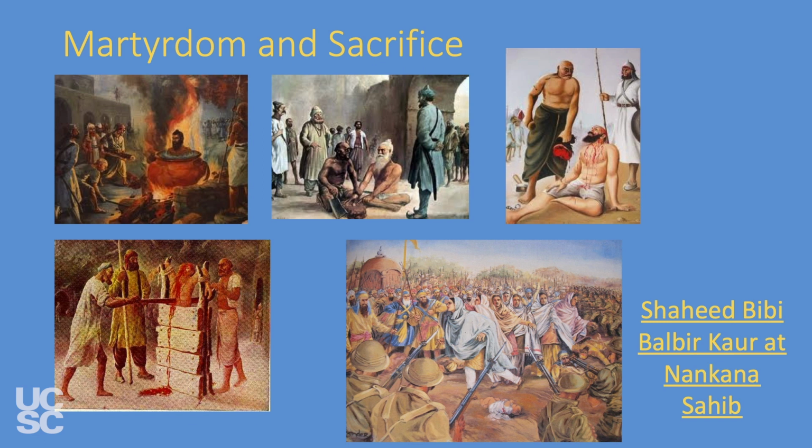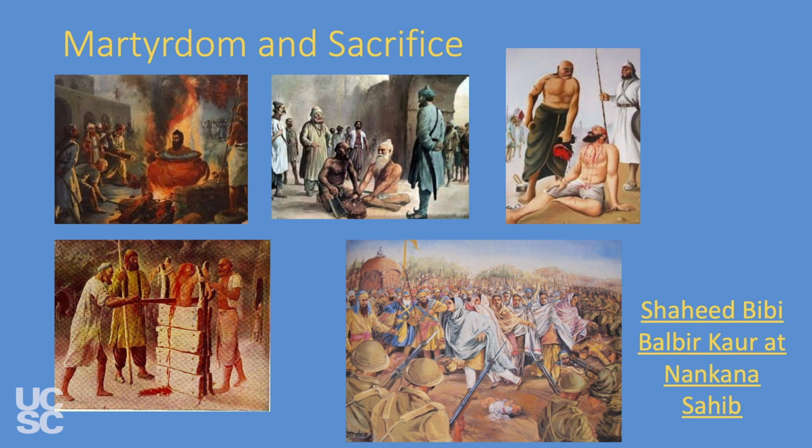And in these events, Sikhs were peacefully demonstrating to gain control of Nankana Sahib, and there were British police present, but they did not stop the henchmen of the Mahant firing on the crowd. This painting shows Balbir Kaur, and she was actually marching with her baby.